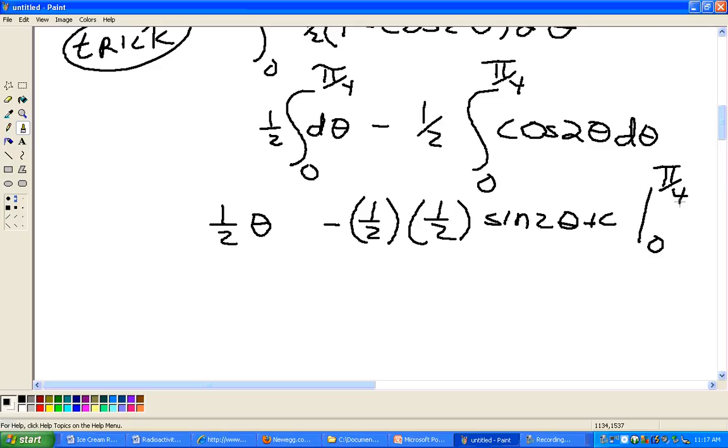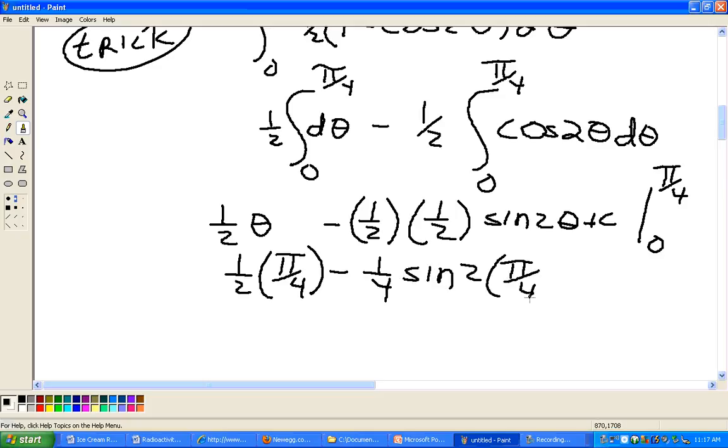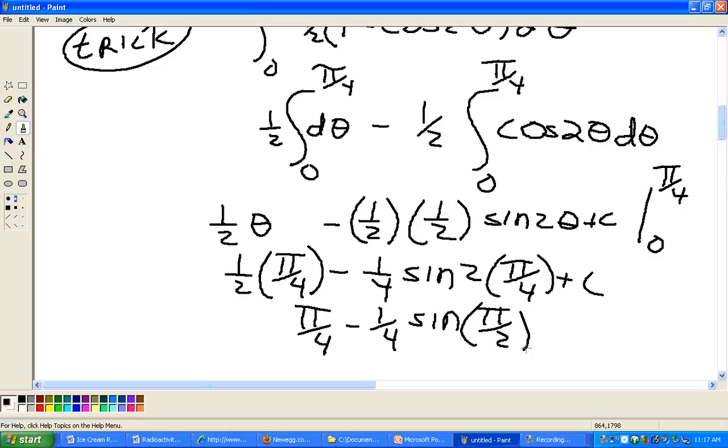We're going from 0 to pi over 4. This is in radians. In calculus, you're always in radians. It would help if you recall that the sine of pi over 2 is 1.